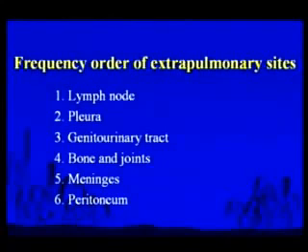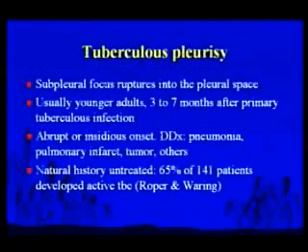Here is the frequency of extrapulmonary sites: lymph nodes first, pleura, GU tract, bony joints, meninges, peritoneum. By no means should you memorize that list. Just remember that TB can infect these different sites. And on the next series of slides, we just kind of cover a few of these topics.